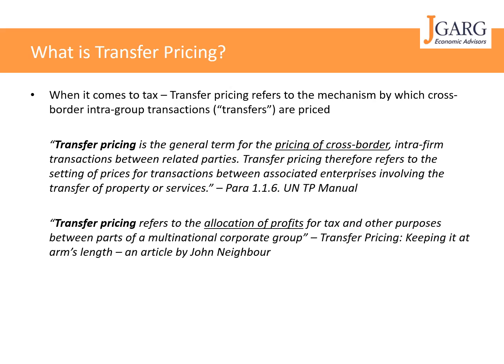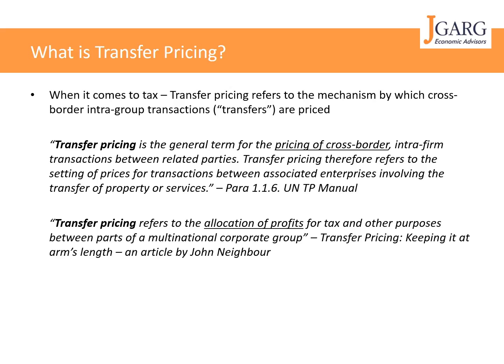In another definition, which was used by John Neighbor in his article, he says transfer pricing refers to the allocation of profits for tax and other purposes between parts of a multinational corporate group.